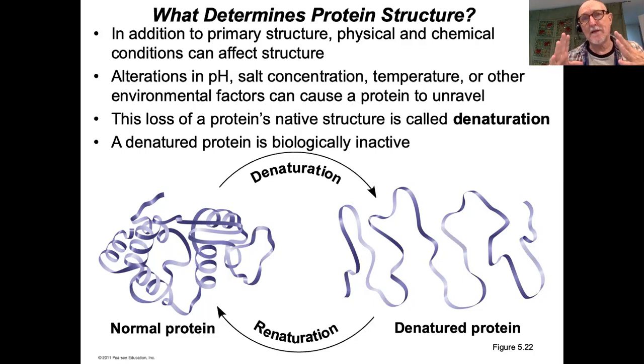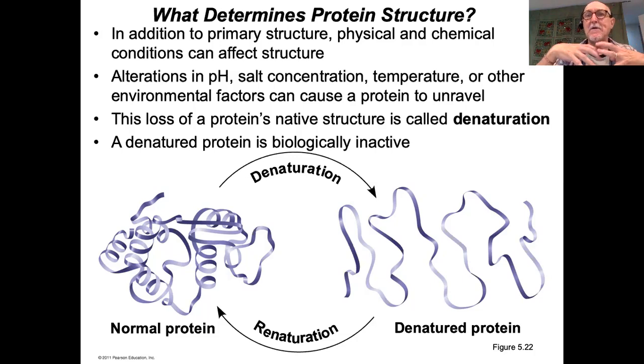But there's something else about protein structure, and that is that a lot of these interactions are affected by environmental conditions. So, for example, changes in pH, in the acidity or alkalinity balance, changes in salt concentration, changes in temperature, all sorts of things can cause the shape of the protein to change.